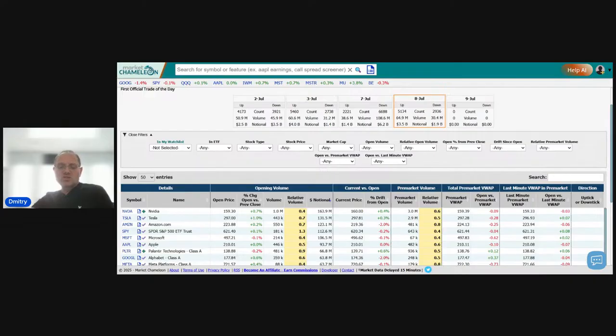And what this report does is it looks at the opening print. There's an auction process at the open before regular trading starts. What this does is it accumulates buy and sell orders in the morning that are designated to trade at the open or regular trading hours.